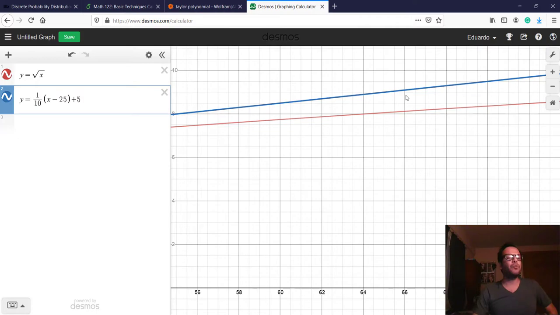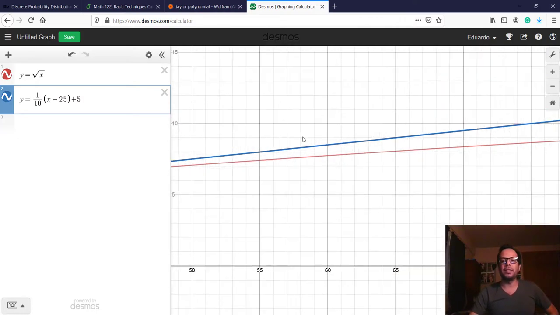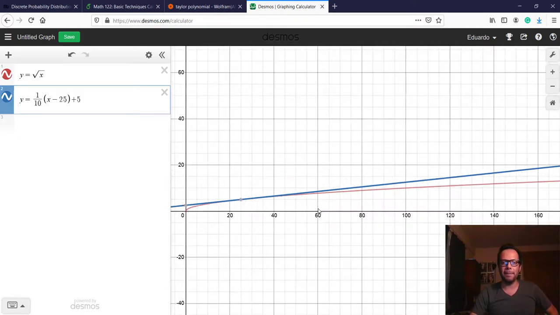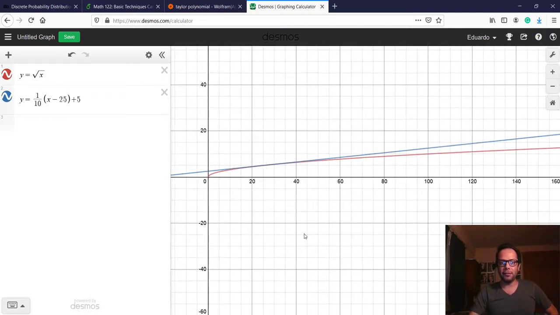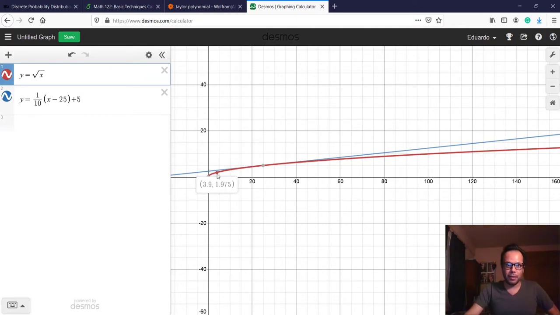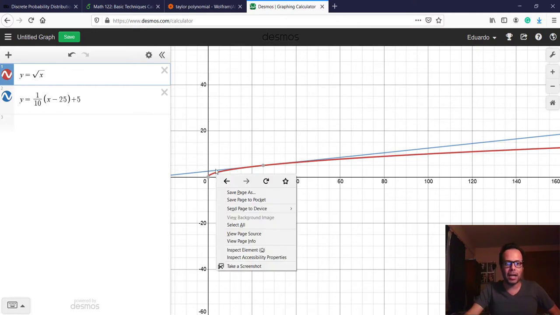Let me zoom out so you can see a better picture. Likewise, if we wanted to evaluate the square root of, let's say, 3.3, this wouldn't be a good approximation because see how the tangent line is way off from the original function.